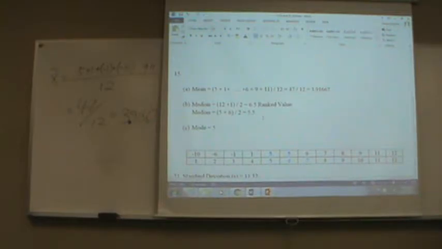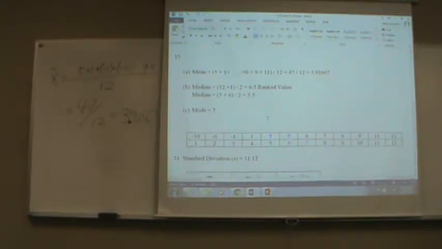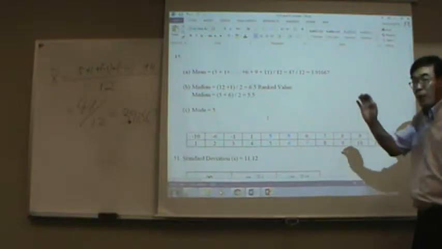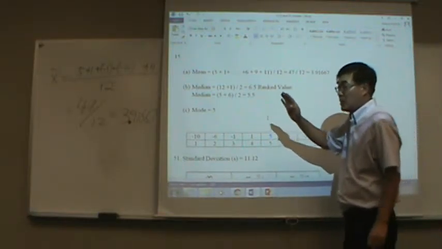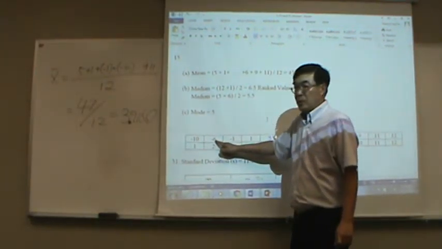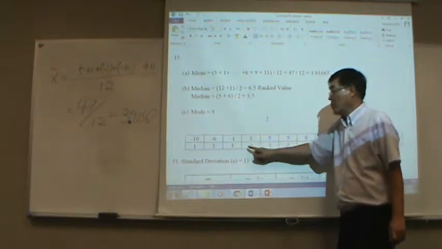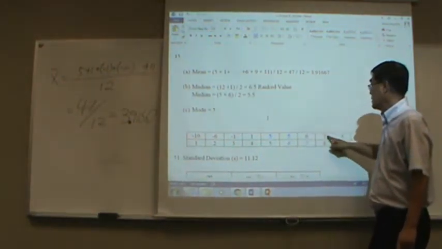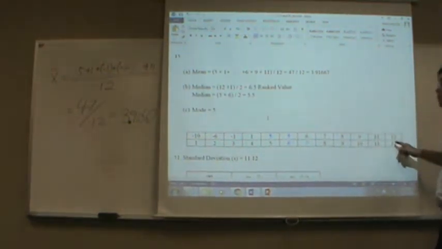And find the median. To find the median, the first step is to rank from smallest to largest: minus 10, minus 6, minus 1, 1, 5, 5, 6, 7, 8, 9, 11, 12.